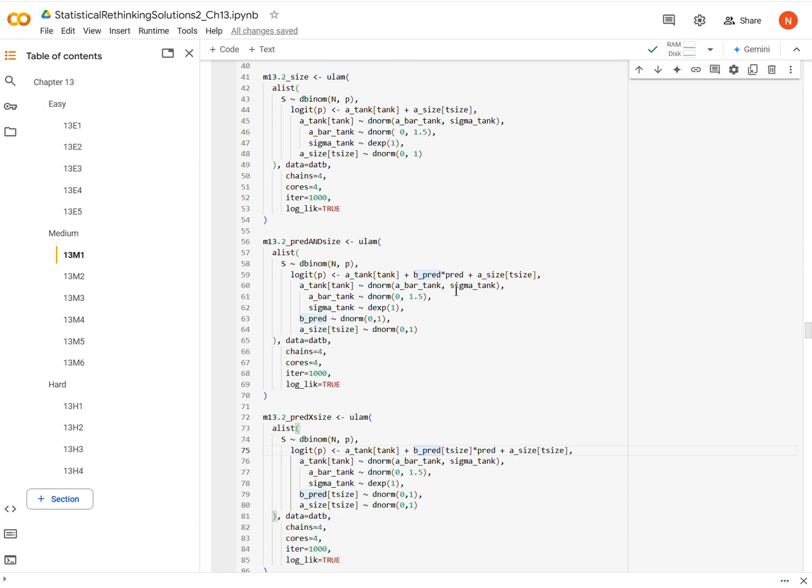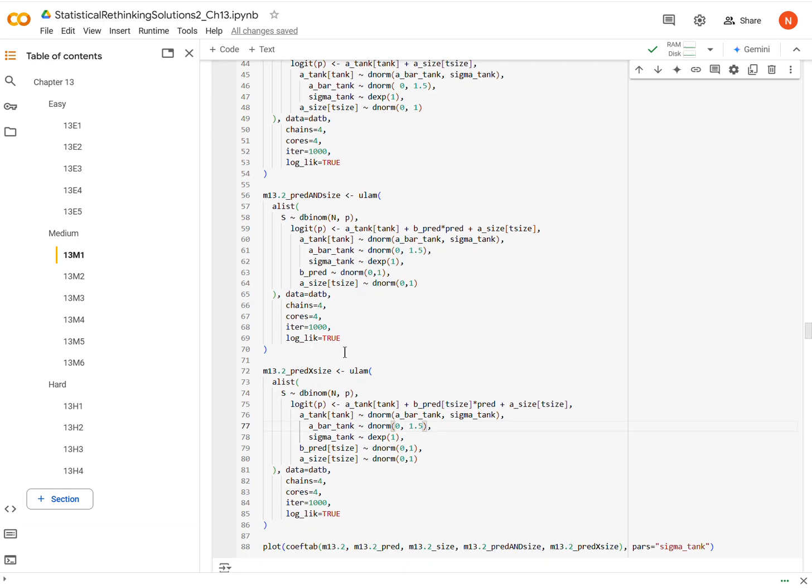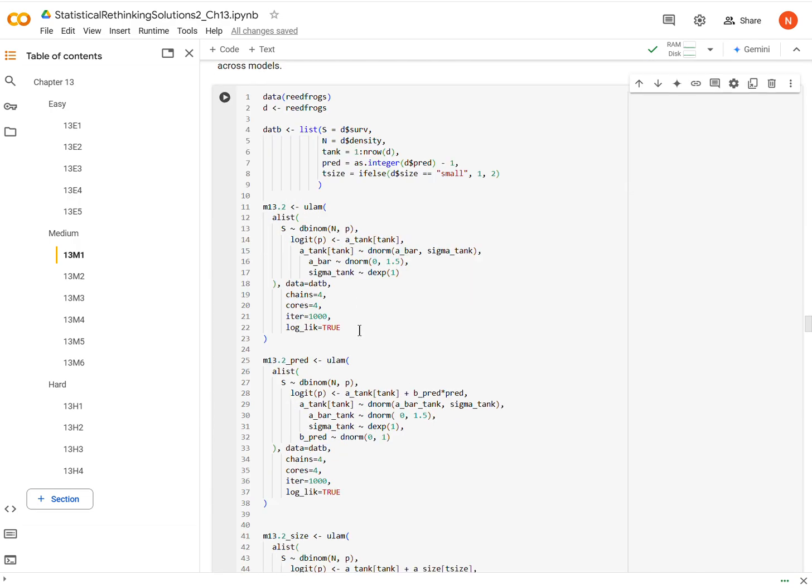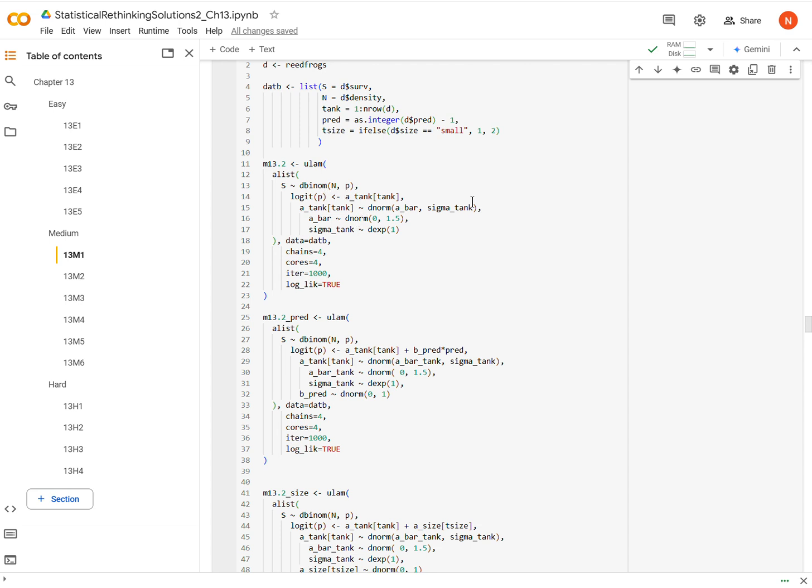So the final two models are predation and tank size additive, and in the last one there's an interaction between the two.